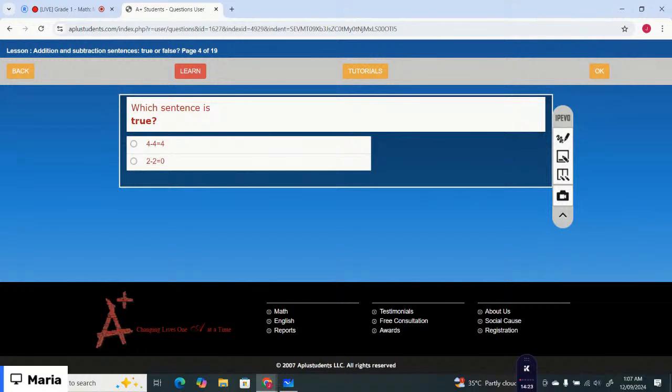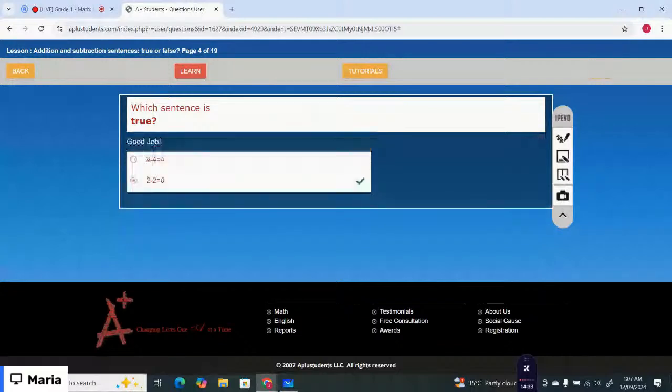Option number 2 is the correct option, because 2 take away 2 is 0. 4 take away 4 is not 4. So option number 2 is the correct option.